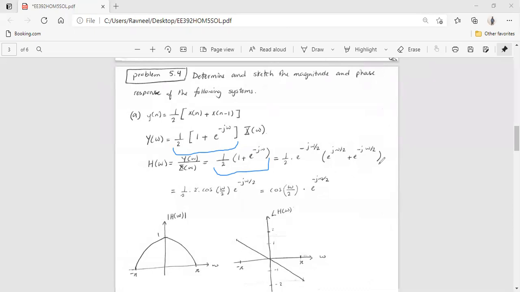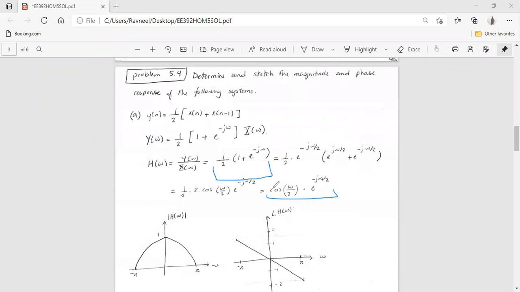So we can rewrite this as cos omega upon 2 multiplied by e to the power of minus j omega upon 2, right? This is the simplified version of this particular term, right?